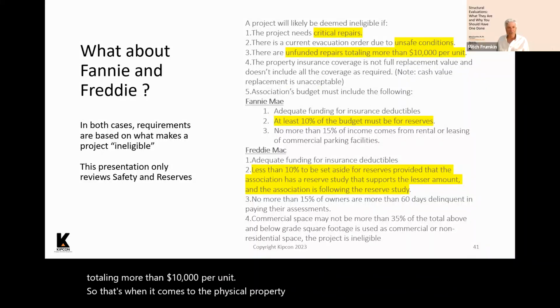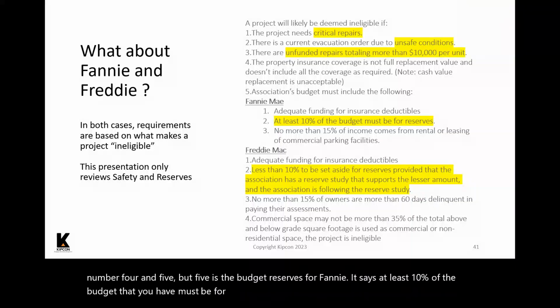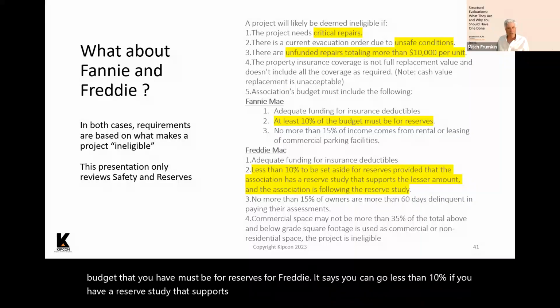I'm not getting into the insurance, or number 4 and 5, but 5 is the budget, reserves. For Fannie, it says at least 10% of the budget must be for reserves. For Freddie, you can go less than 10% if you have a reserve study that supports the lesser amount. So these are the general requirements.